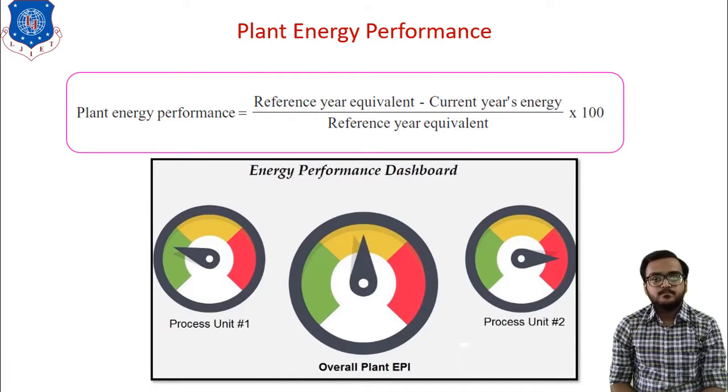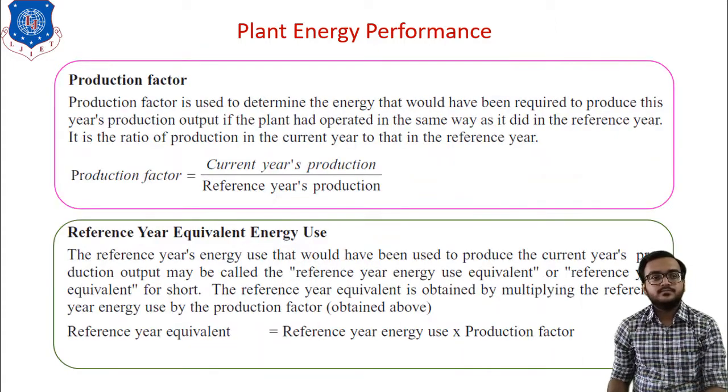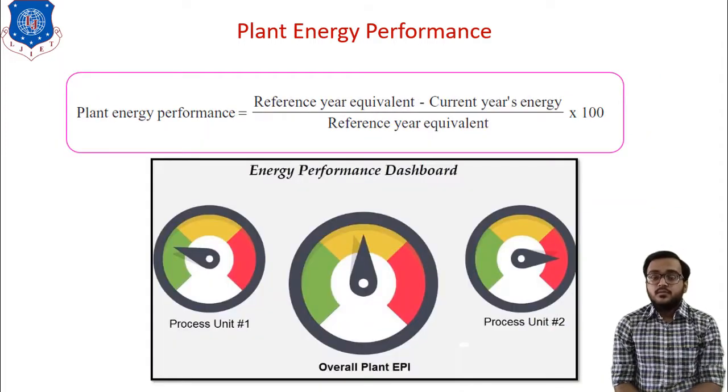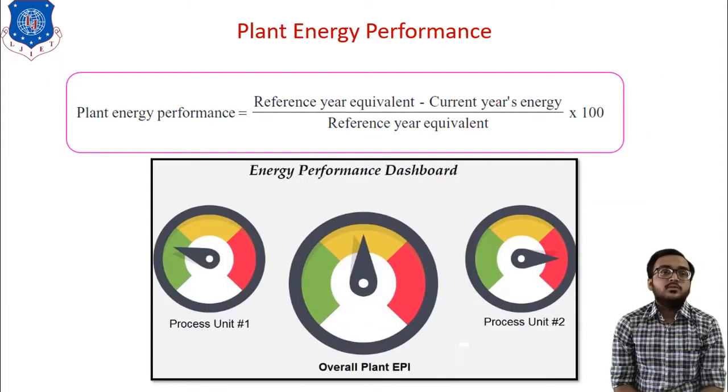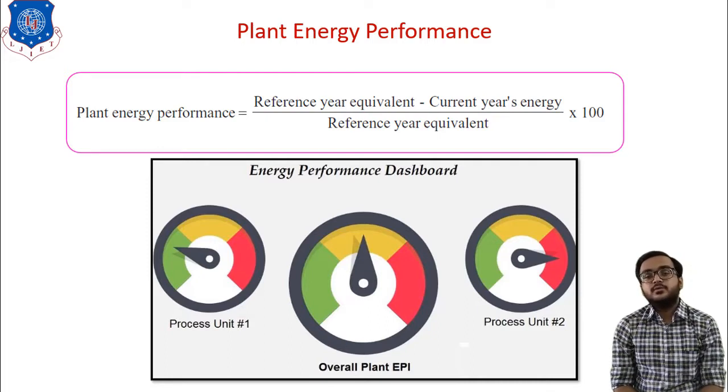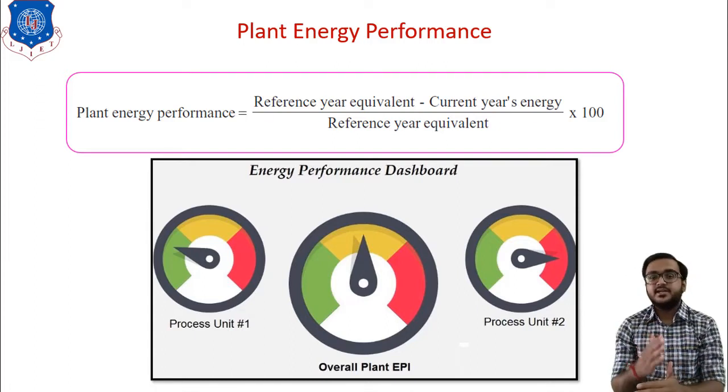So just by using the reference year equivalent and the current year energy, we are able to derive the plant energy performance. Clear? It is one of the best things that we need to incorporate in industry whenever the production is directly related to the energy.